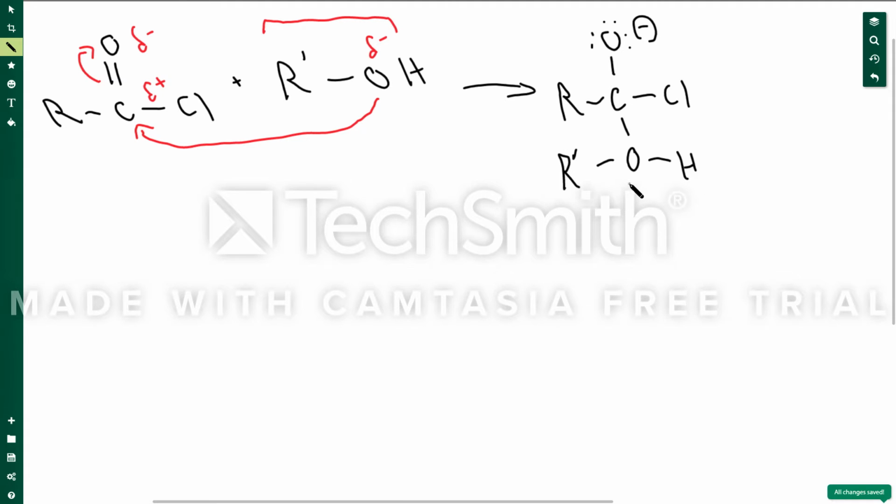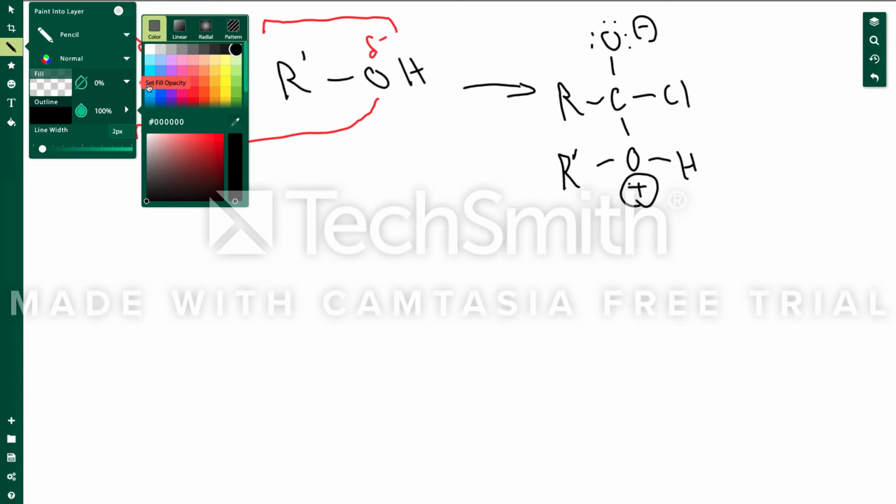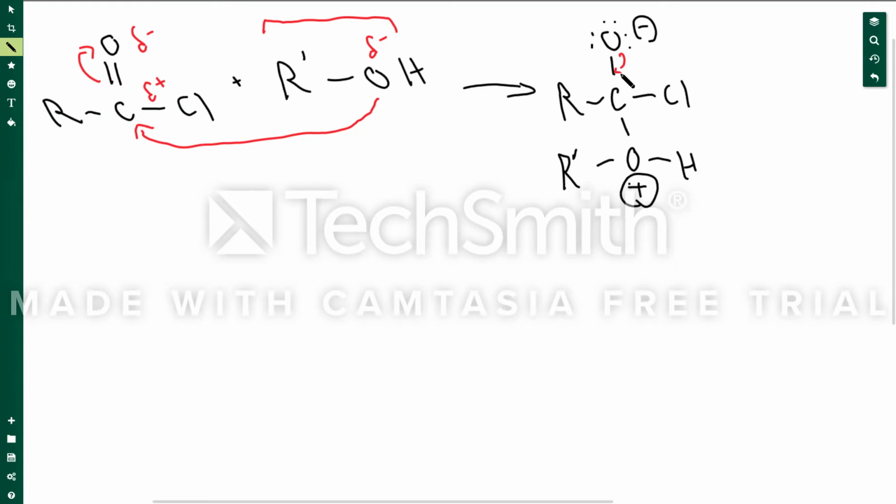Now we don't like this because that is a positive charge. So what's going to happen is this negative charge will reform a double bond and this chlorine group will leave.